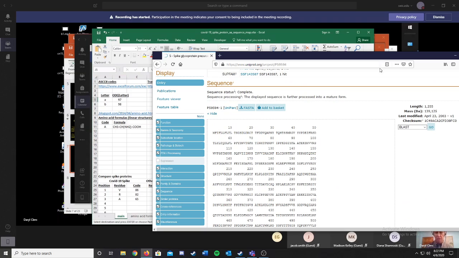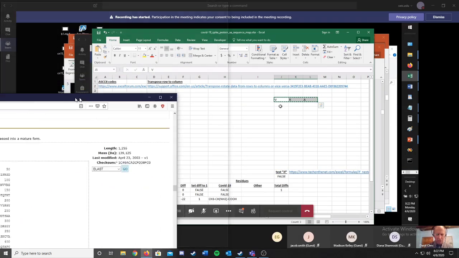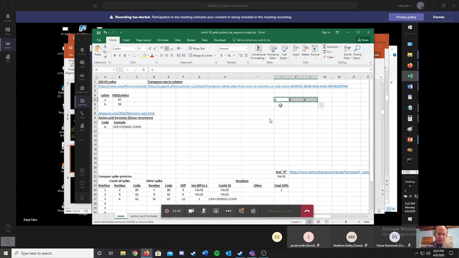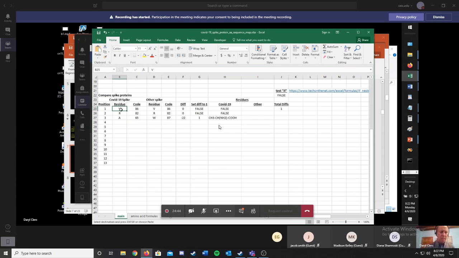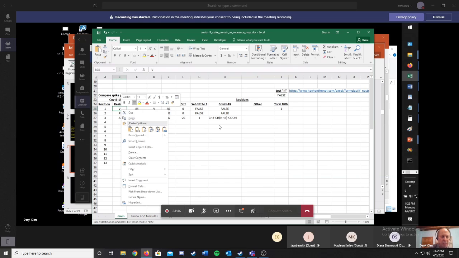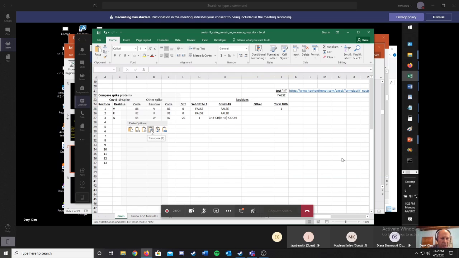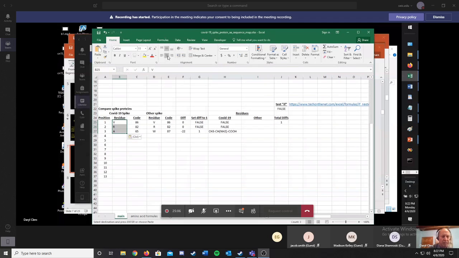So we can do a Control C and then go wherever we need to put it, like here, and do a right click. And here where it says paste special, this one right here where it says transpose, will switch rows for columns. See, and it'll paste it as a column instead of a row. And then we can center it using these buttons here to make it look neat.